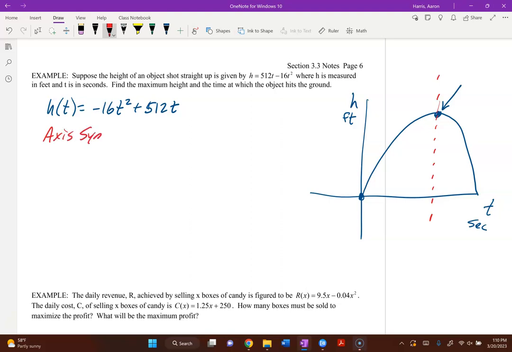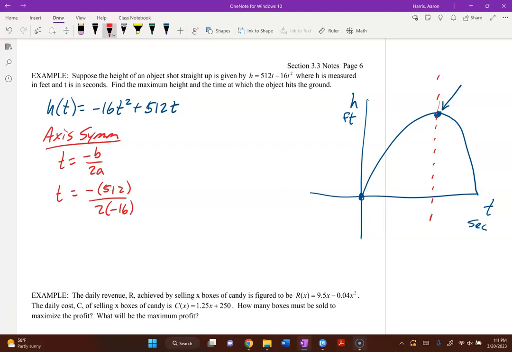So we just got to find the axis of symmetry, and we'll know the time that it takes to hit that maximum height, right? So t equals negative b. In this case, our b is 512, over 2 times negative 16.